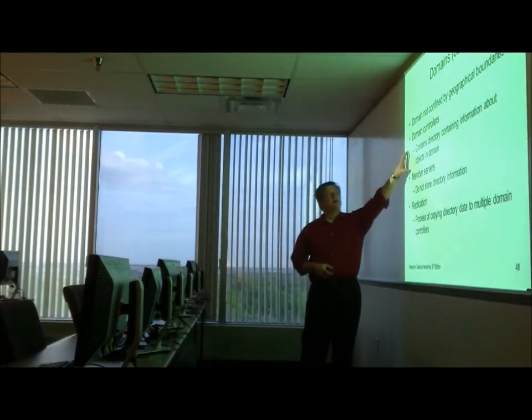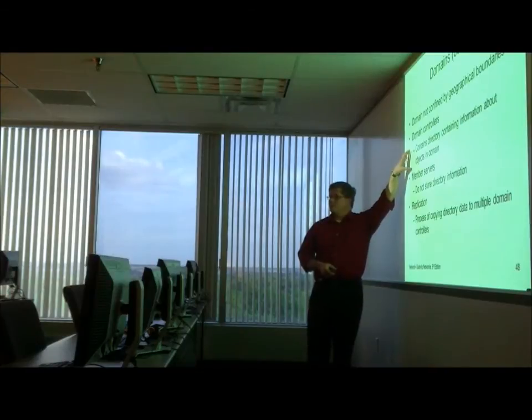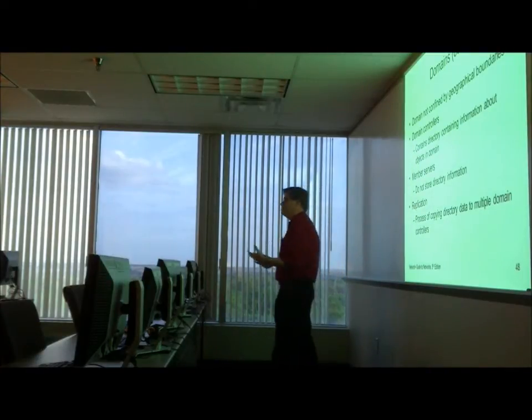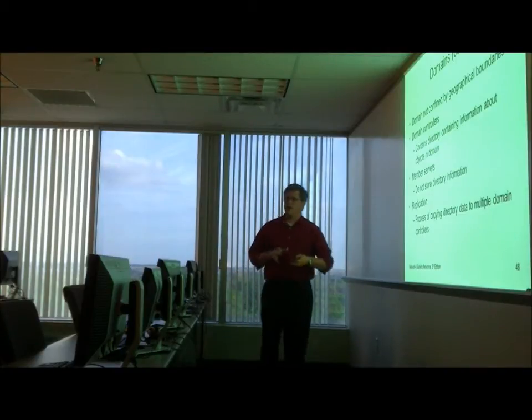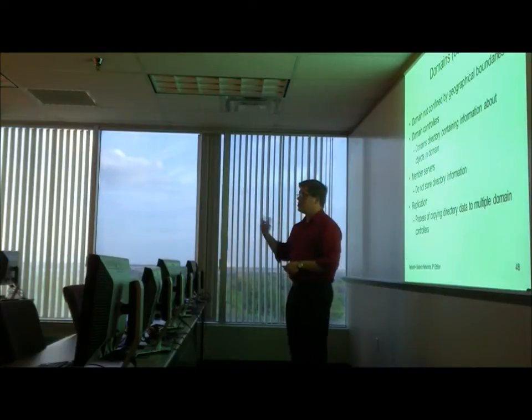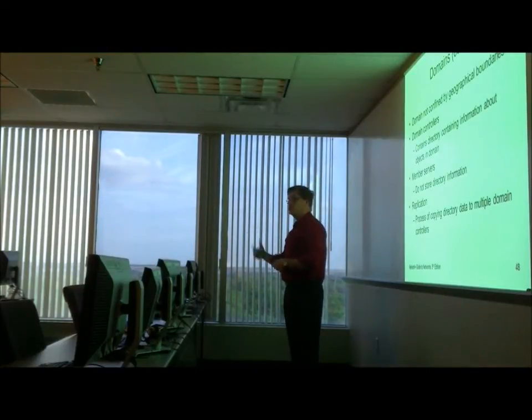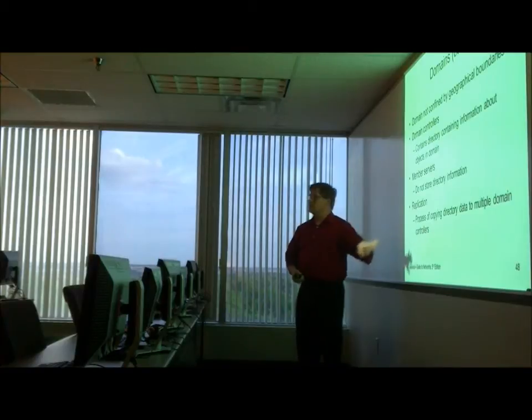So the idea is that we need to have more than one domain controller. Then we've got a problem. We've got to keep track of users on more than one system. We have to have a way to make sure that all the users that are on the first domain controller are also represented on the second domain controller. That's where the process of replication comes into play.